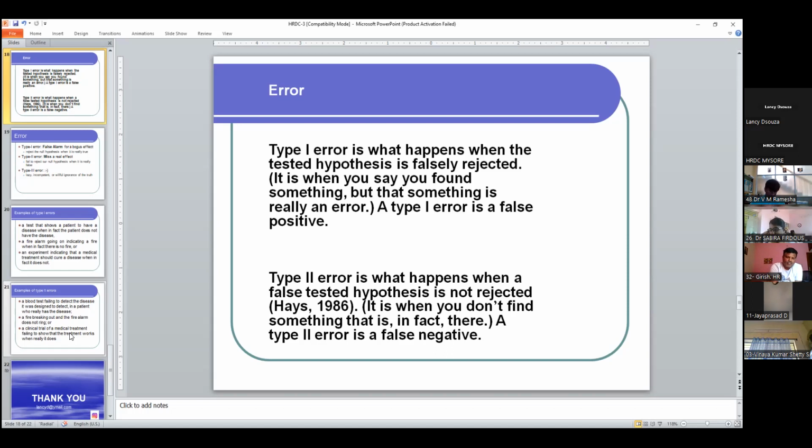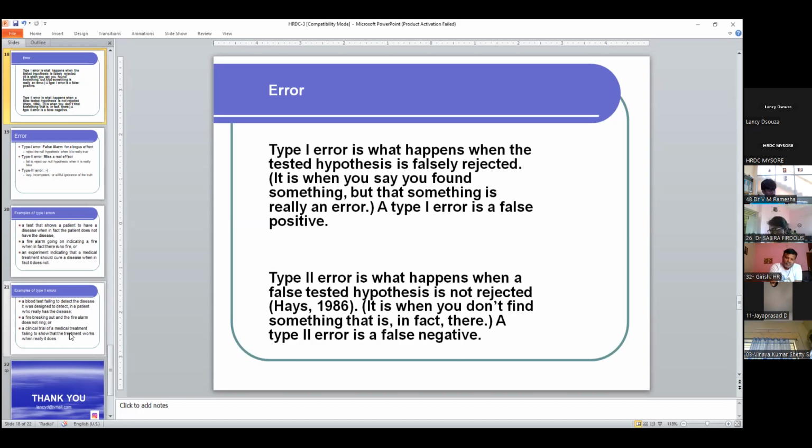But later you come to know that there was no fire. The alarm was by mistake. This is called the bogus alarm effect. You say you found something, but that something is really an error, which has not happened. In research also, sometimes we project that we have done something which we haven't done. That is a type 1 error.